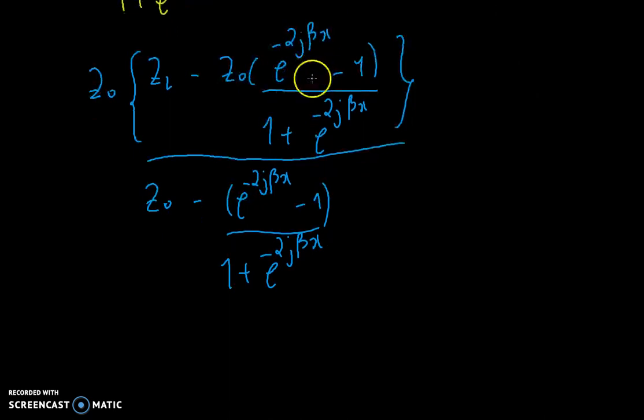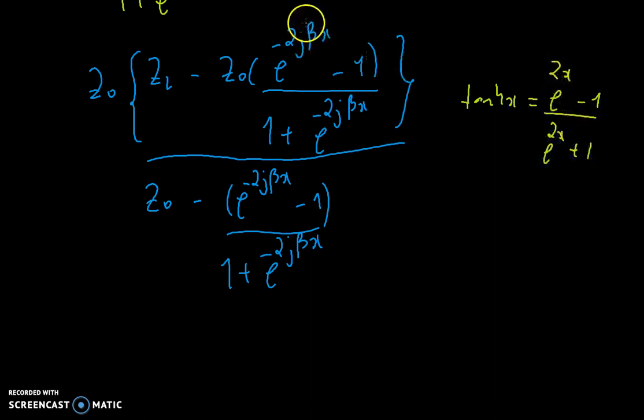Okay, so now if you look here, this is the tanh function: e to the minus 2j beta x minus 1 over e to the minus 2j beta x plus 1, and the same here, so we can substitute here for tanh. Remember that tanh x is e to the 2x minus 1 over e to the 2x plus 1.